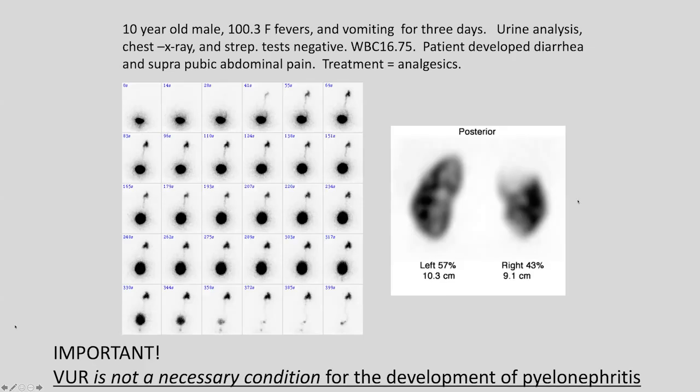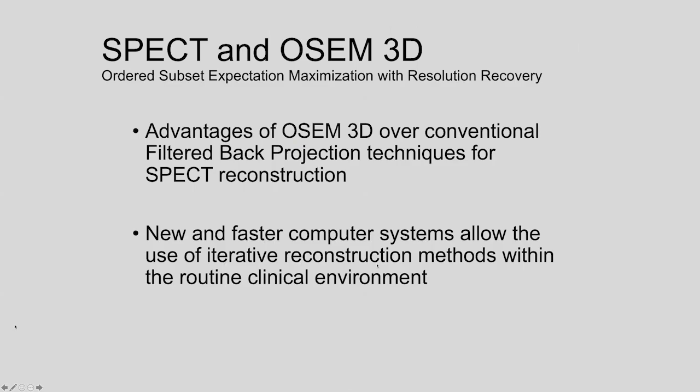That approach has been accepted quite well in Europe, and increasingly it is also being accepted in the United States, in North America, which is called a top-down approach versus a bottom-up approach. So reflux is not necessary. The advantages of SPECT, especially using OSEM 3D, are clear.